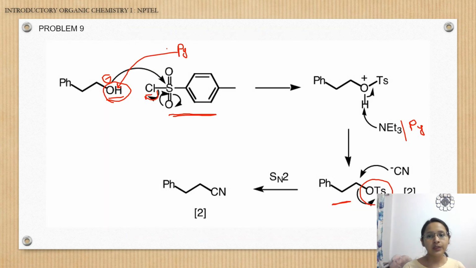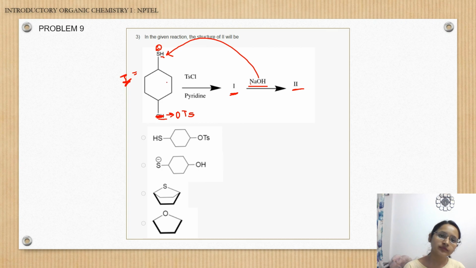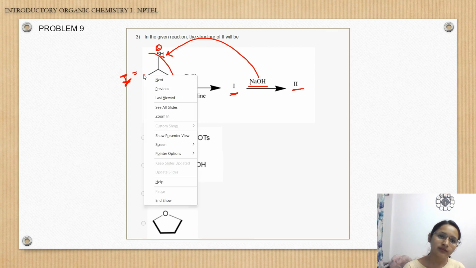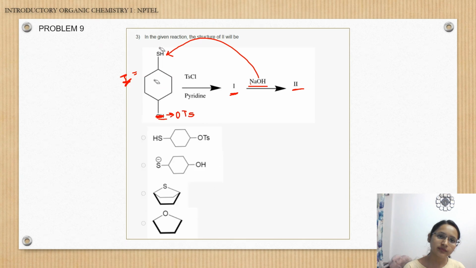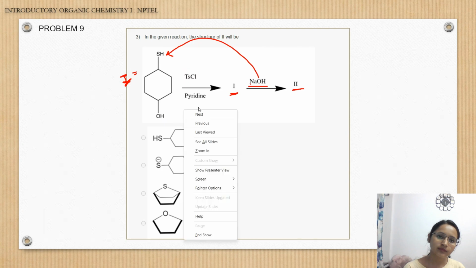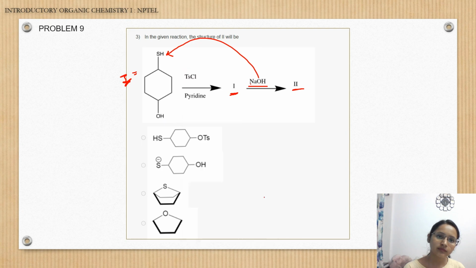So now what will sulfur do next? See what you have ended up with. You have this negative charge here at sulfur, and you have this OTs. Now can anyone tell me what happens next?